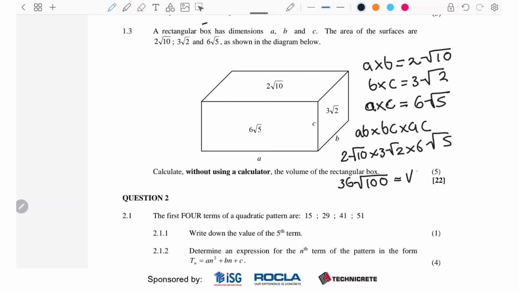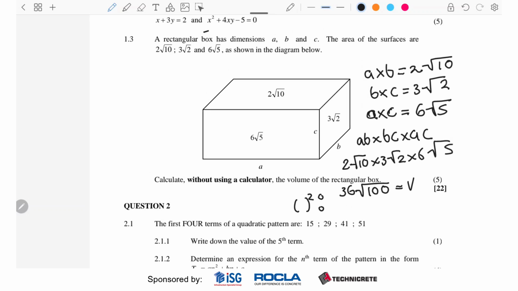the volume. So I want to get rid of the square root, so I'm going to square both sides. Oh, sorry, I made a mistake. So you should know AB times BC times AC is the same as ABC squared.